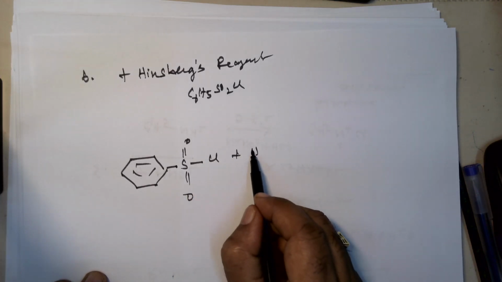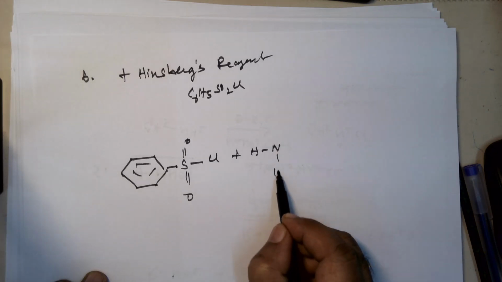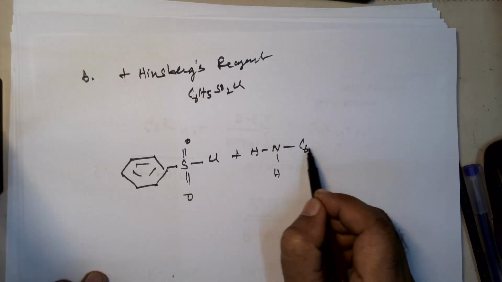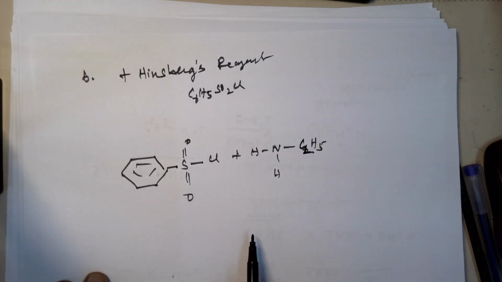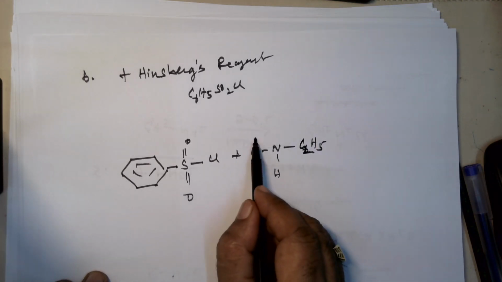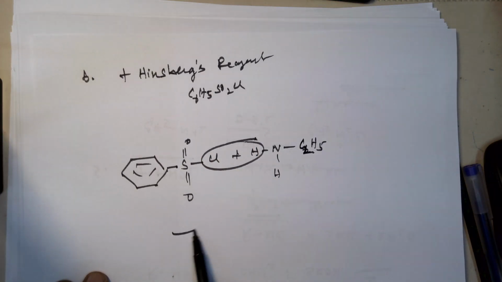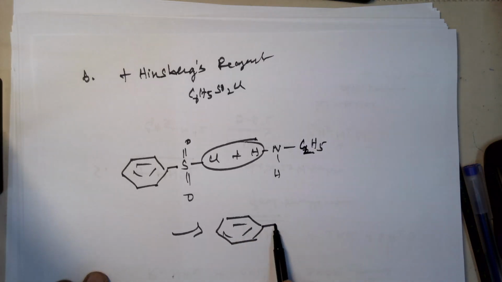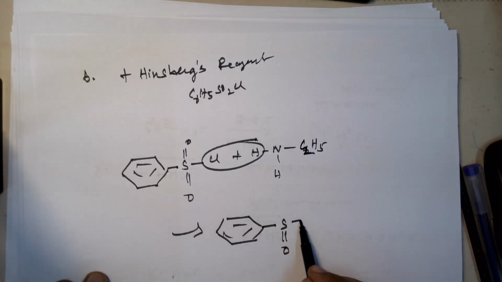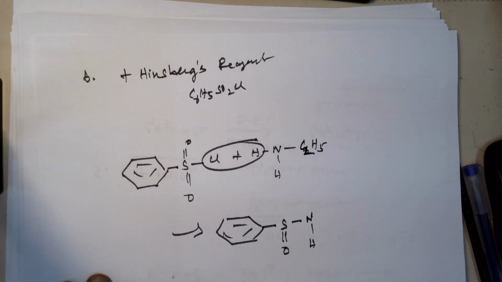And that can react with aniline, a primary amine, or you can take C2H5, ethylamine in this case, so that HCl is removed, and it forms S double bond O and NH, then C2H5.